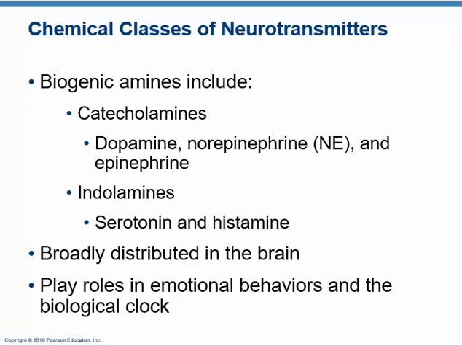Epinephrine and norepinephrine are involved very much in the sympathetic nervous system, whereas acetylcholine is the parasympathetic. Serotonin is the happy one. Histamine is a vasodilator as well as a neurotransmitter. And they're based on nitrogen, and that's why they're called amines.